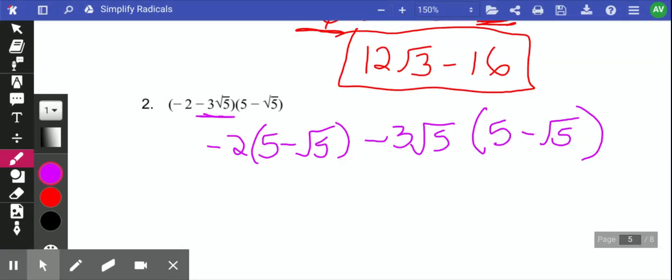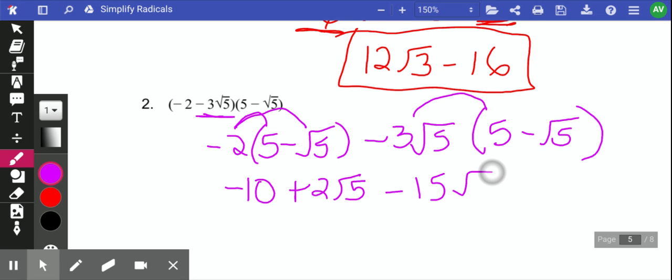Okay, so distributive property, negative 2 times 5 is negative 10. Negative 2 times negative radical 5 is going to be positive 2 radical 5. Over here, I have negative 3 root 5 times 5. That's going to give me negative 15 radical 5. Negative 3 root 5 times negative root 5 is going to be positive 3 root 25.